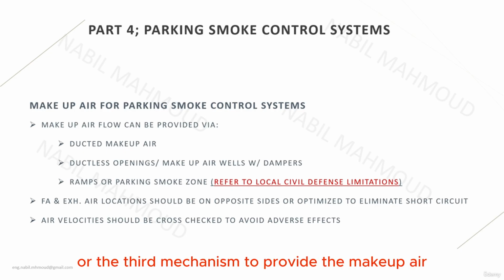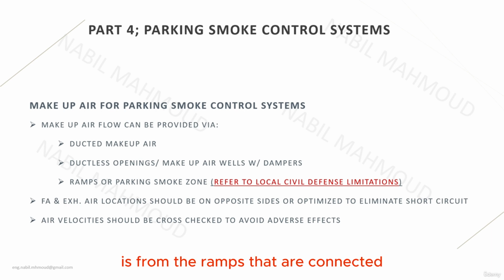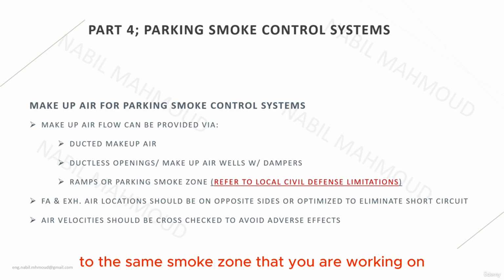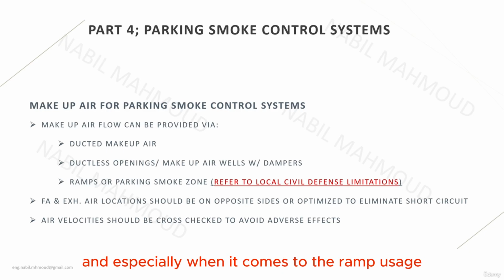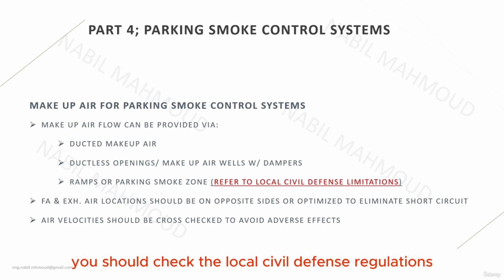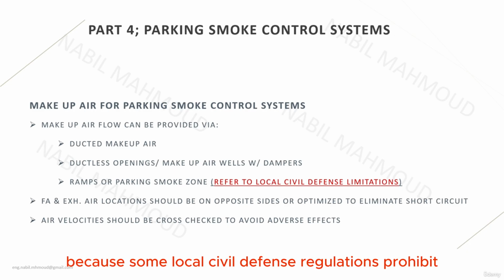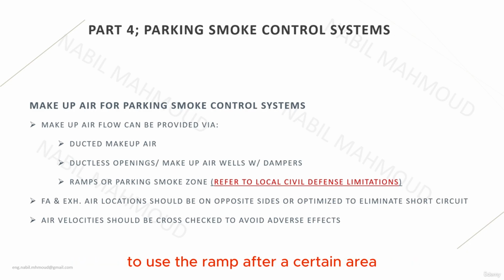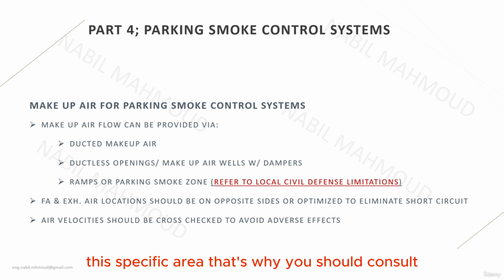The third option, or the third mechanism to provide the makeup air, is from the ramps that are connected to the same smoke zone that you are working on. And especially when it comes to the ramp utilization as a makeup source, you should check the local civil defense regulations and limitations, because some local regulations prohibit using the ramp after a certain area, which means that this local regulation will tell you that you are allowed to use the ramp as a makeup source as long as the parking area does not exceed this specific area.